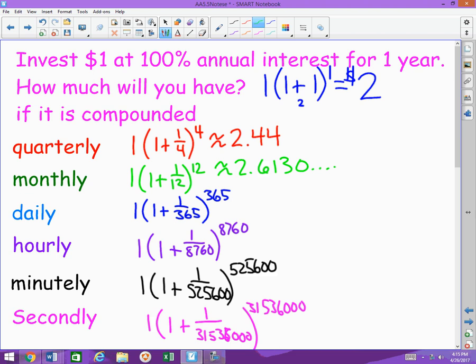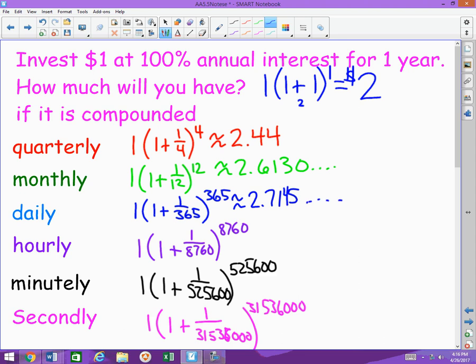For daily, you would get 2.71545, and more stuff after it.